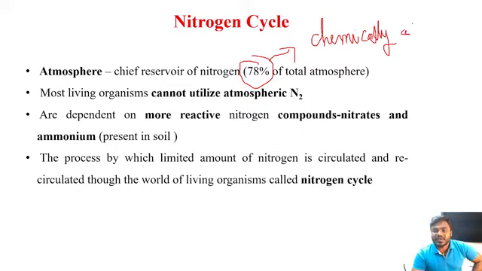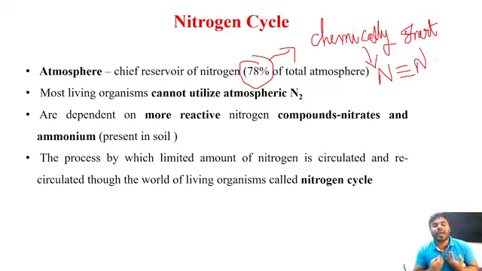What do you call it, friends? Chemically inert. What do you mean by chemically inert? We can't use it. In other words, the nitrogen present in the atmosphere is N triple bond N. We eukaryotic organisms like plants, we eukaryotic organisms like animals, can't break this N triple bond N.